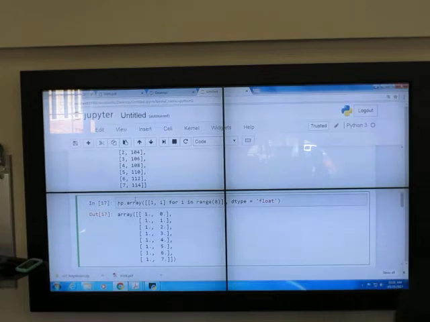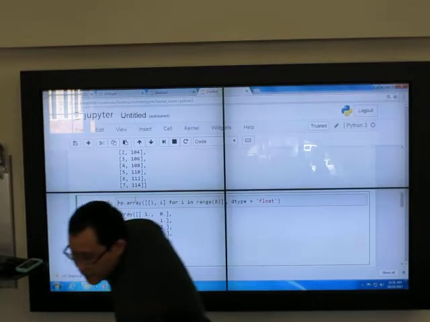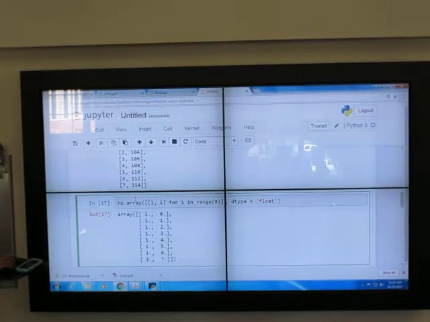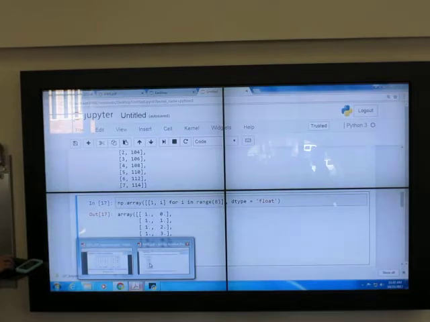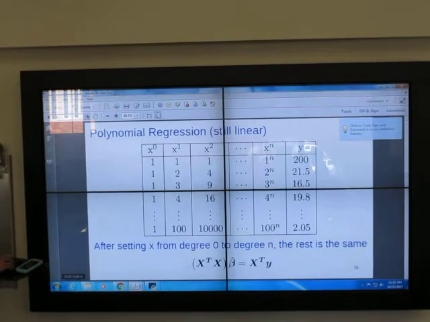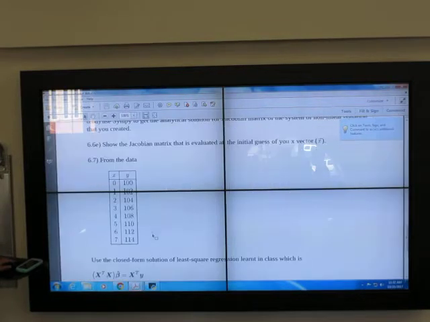You got it? X transpose. Okay, let me ask you this. What is the dimension of small y? Y is how many rows? 8 rows, 1 column, right? This is Y. 8 rows, 1 column.